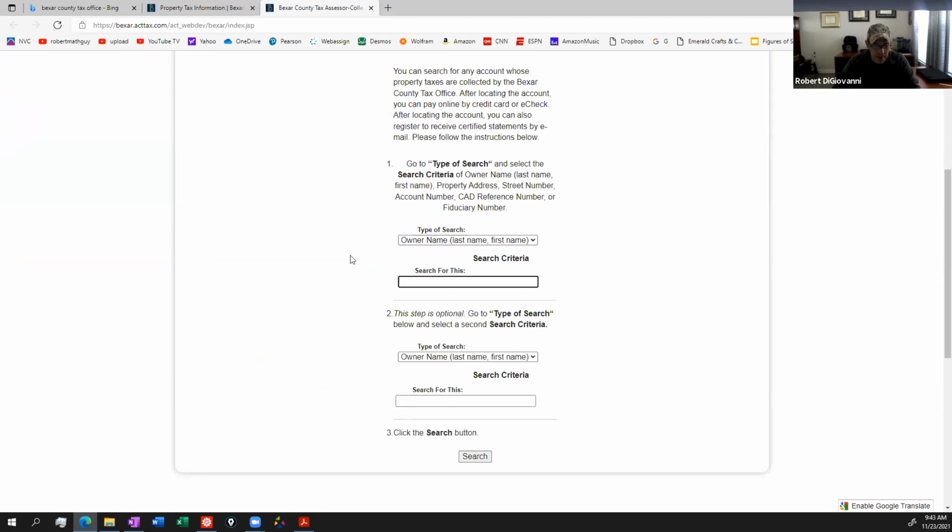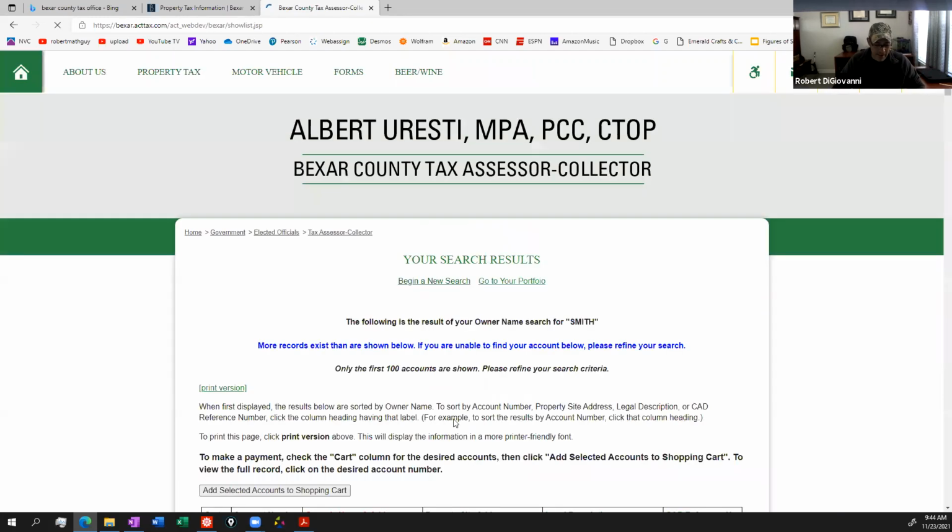And you can type somebody's name in, and if they own a home, you can find their address and everything else. And you can find the value of their house and how much they pay in taxes on that house. So just for the heck of doing this, I'm just gonna type in just a generic last name, Smith. I don't know what's gonna happen.